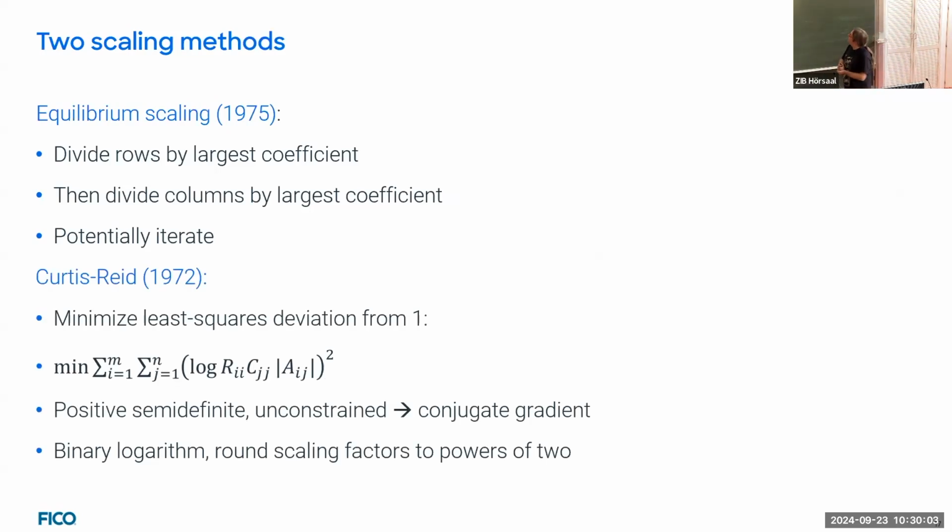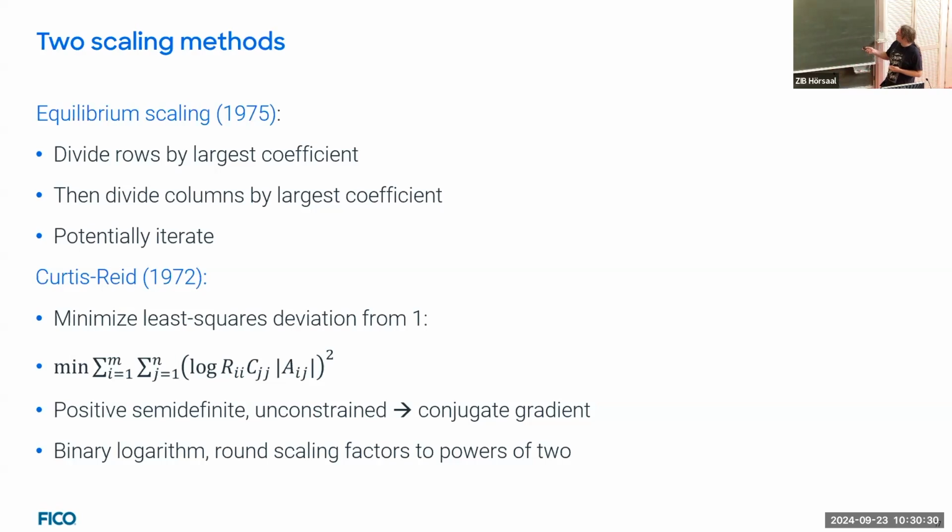The other one is Curtis-Reid scaling, which tries to minimize the least square deviation from 1 by solving this unconstrained quadratic problem here with a positive semi-definite objective. So you can use a pretty fast algorithm for computing an optimal or almost optimal solution for this minimization problem.